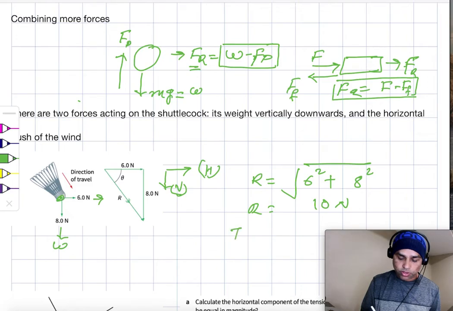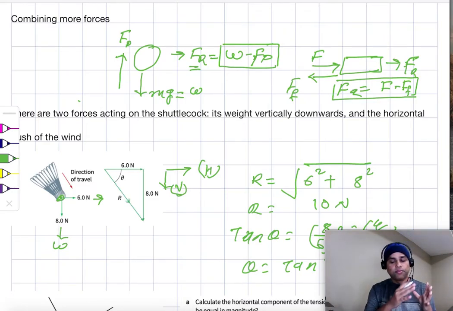So tan theta equals how much? 8 divided by 6, which is 4 over 3, and theta equals tan inverse of 4 over 3, which equals 53 degrees.